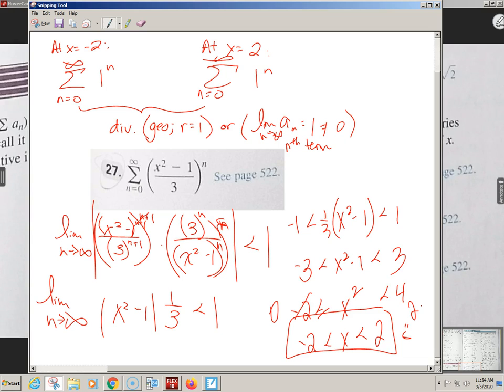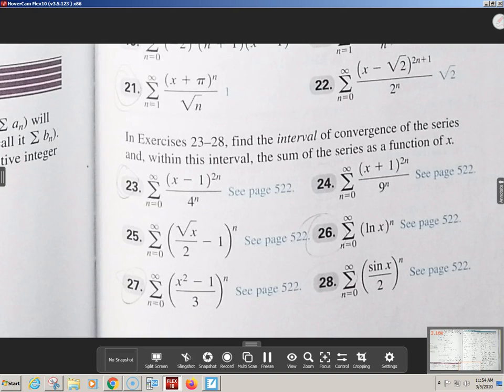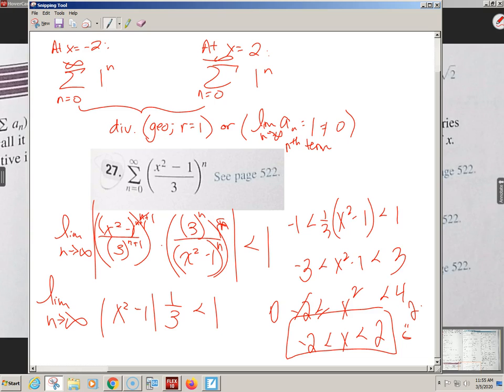But they were asking for one other step, and that one other step was to write it as a function. Ooh. Write it as a function. Okay. We're supposed to somehow figure out who this guy is as an actual function of x.